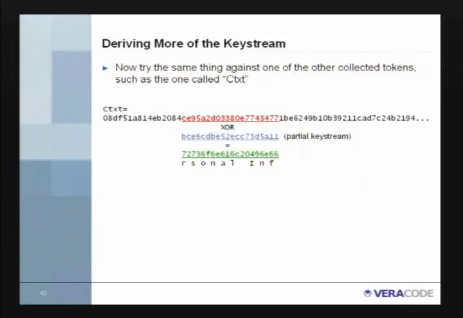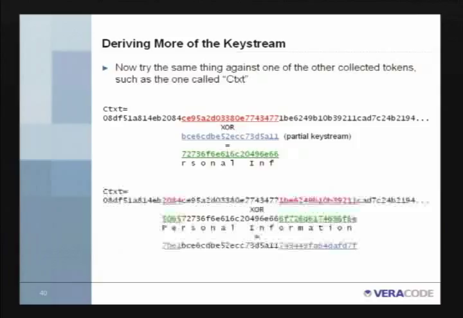You can kind of guess what might come before and after it. It also helps that when we captured this particular token, we were on the personal information page. So even if you aren't very good at Wheel of Fortune, you still kind of know what it is.